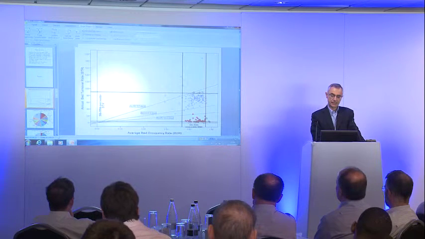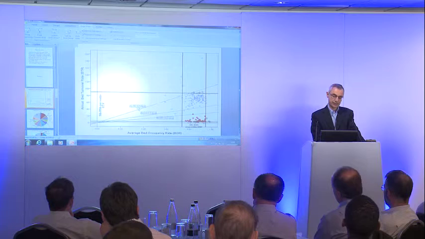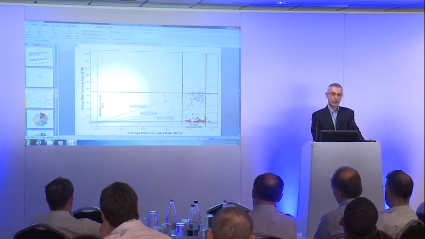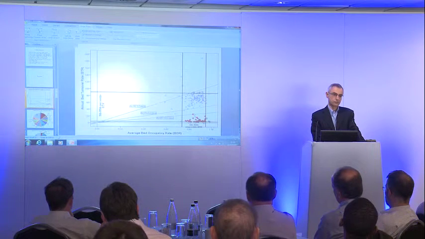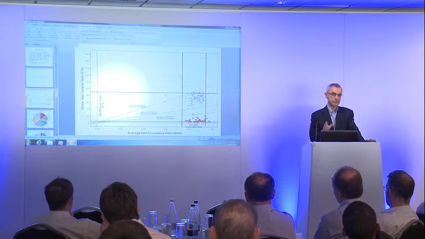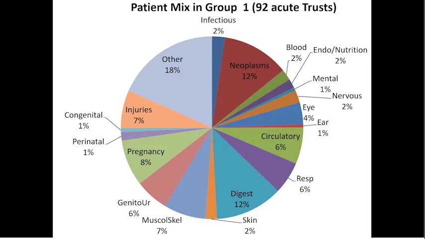One is a cluster of acute hospitals that have an average length of stay between 3 and 6. The other is a cluster of more chronic hospitals with an ALOS of more than 10. So you can already see the advantage of this picture, because it gives you immediately two clusters plus the outliers.